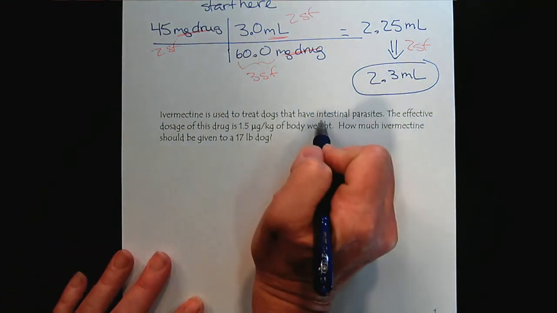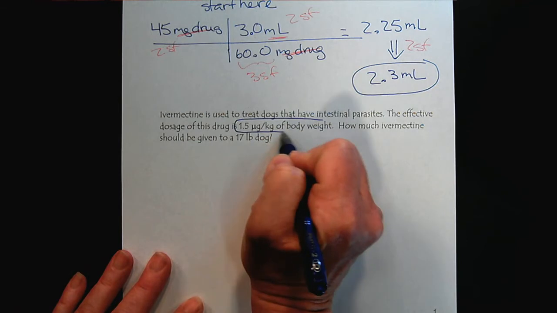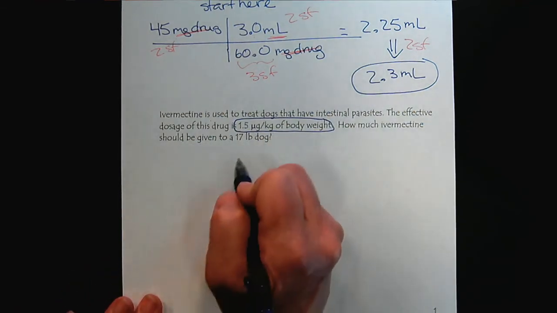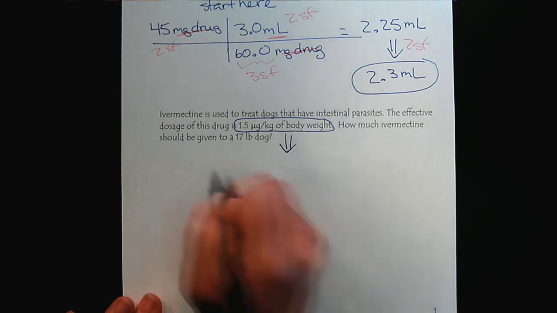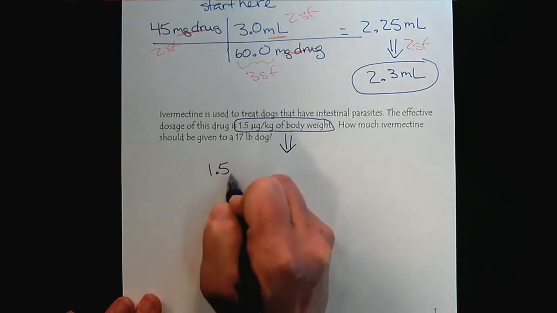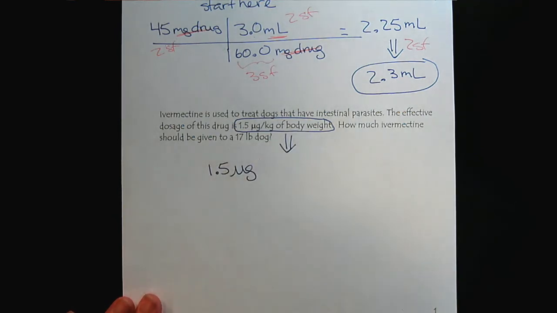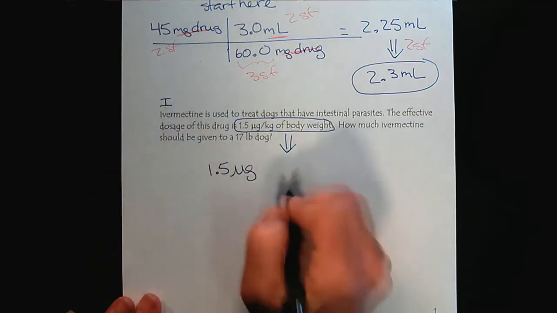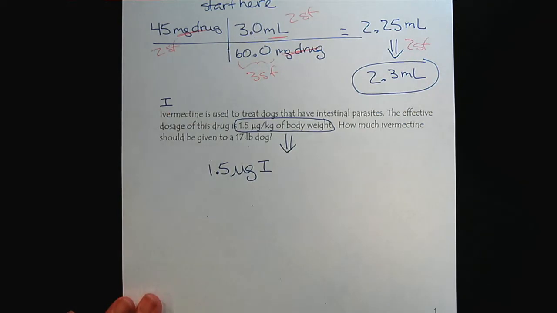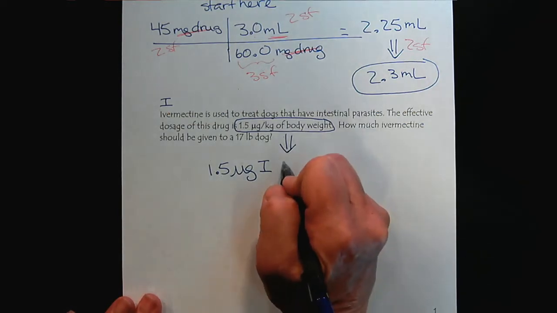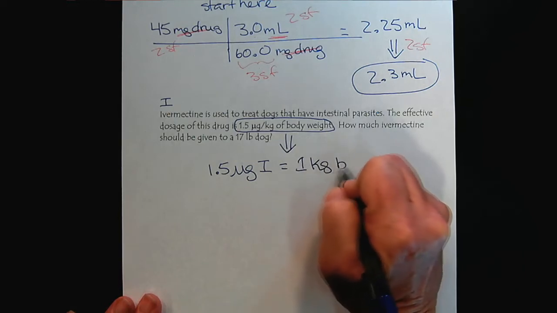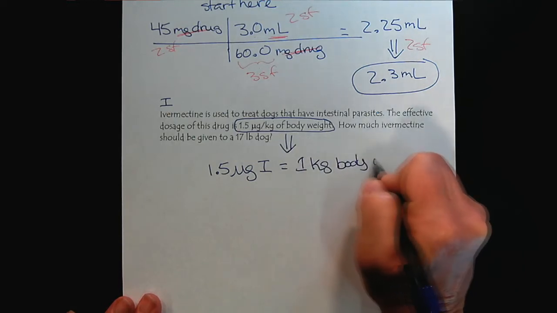So right here, this is the key that's going to get us to the answer. This statement tells us that 1.5 micrograms, and we'll just use an uppercase I to represent ivermectin, is equal to 1 kilogram of the body weight.